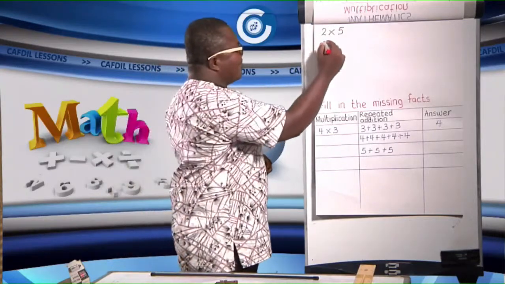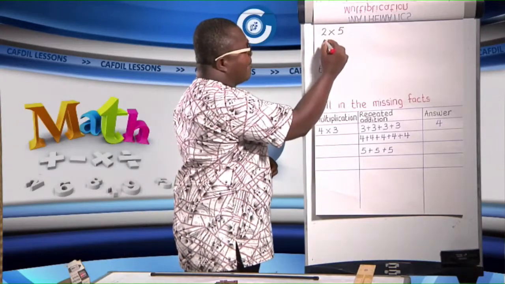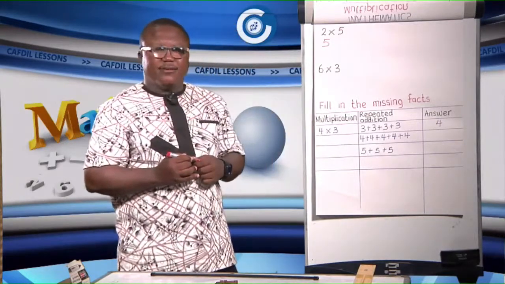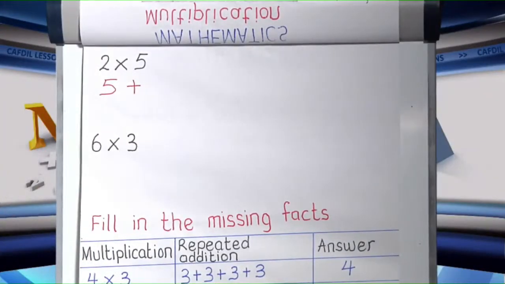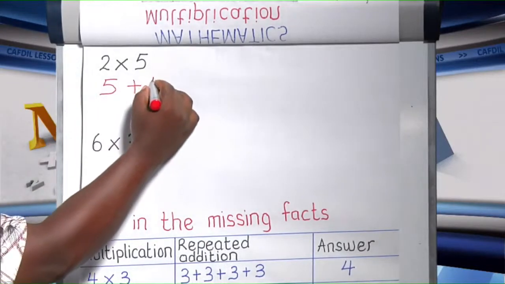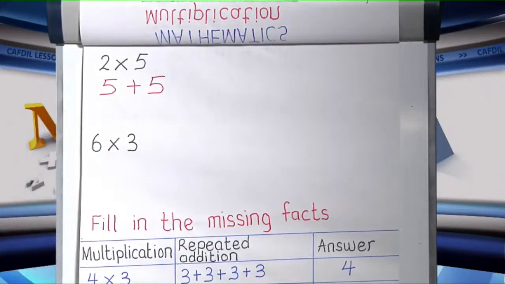So here, my first 5 is there, plus the second 5. So how many 5s are there? They are saying 2 times 5. So I should see 5 how many times? 2 times. So 5 plus another 5. What will be the answer? It's 10. Very good.